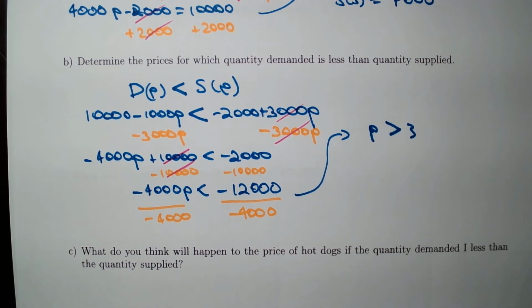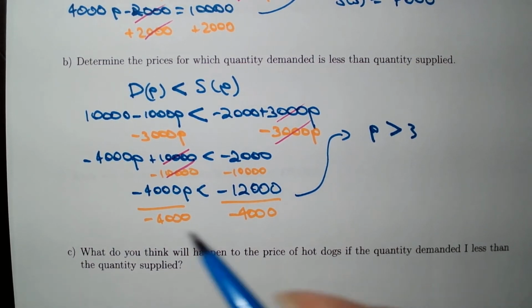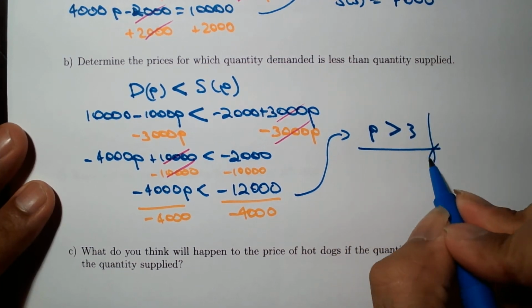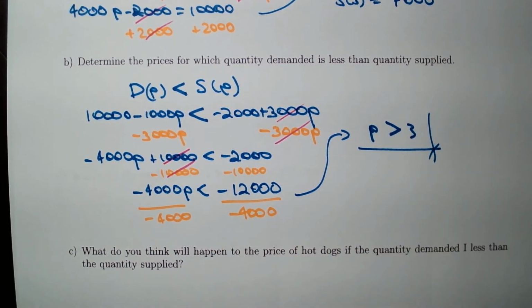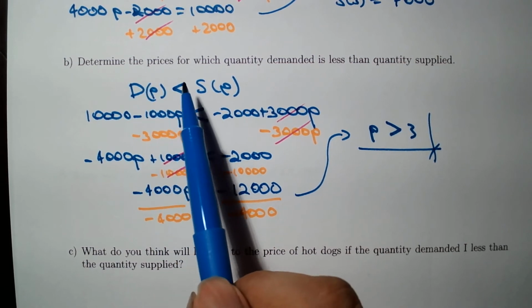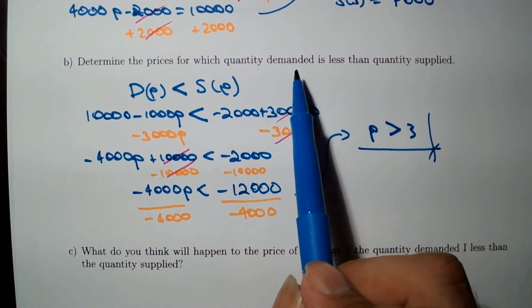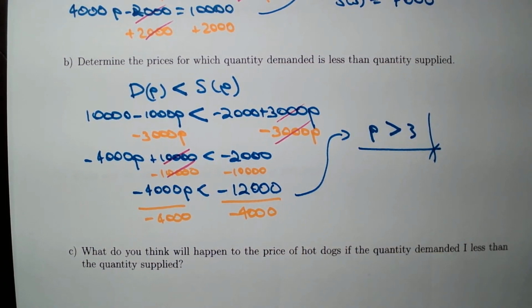Okay. So what does that mean in this case? I mean, we solved an inequality, but what is the context behind all these calculations here? Well, they're asking us for the prices in which the quantity demanded is less than the quantity supplied. So we need to be careful with this, in other words, okay?